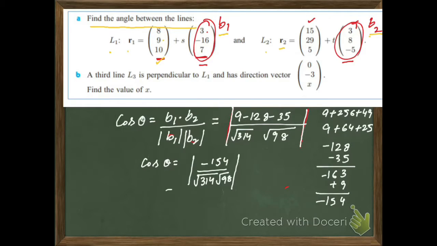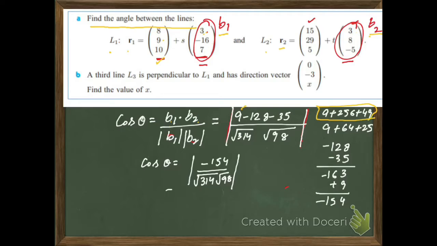As you know, cos theta is b1 dot b2 divided by the product of their magnitudes. So we will figure out b1 dot b2. That means the i component of the first with the i component of the second, the j component of the first and the j component of the second, and similarly with the third one also. So 3 times 3 is 9, minus 16 times 8 is minus 28, 7 times minus 5 is 35, divided by their magnitudes. I have calculated them separately.